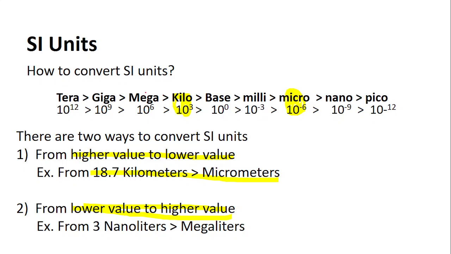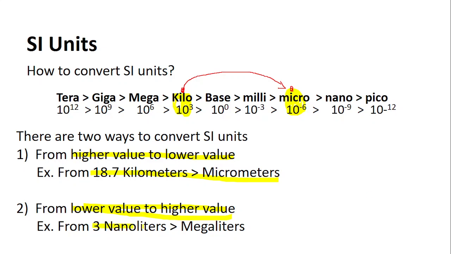So, nagagamay siya habang nagakadikit ang pico. Okay, so kilometers, this is a larger value compared sa micrometers. So, from a higher, i-convert natin pa lower. Si kilo, mas dako siya compared kan micro. So, from a higher value, i-convert natin sa lower or smaller value. So, that is one way of converting SI units. Pwede man, mag-convert kita pabaliktad.